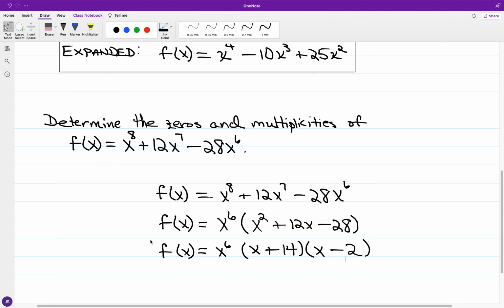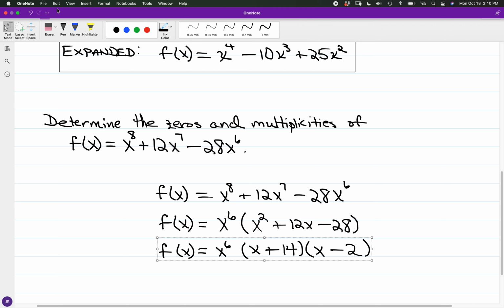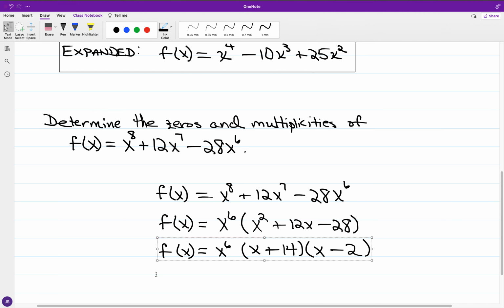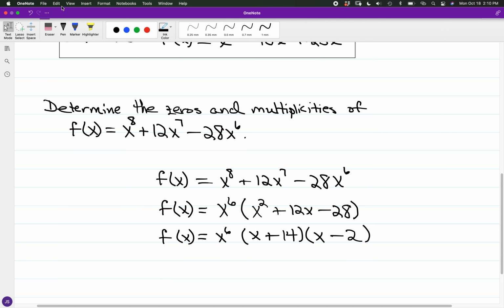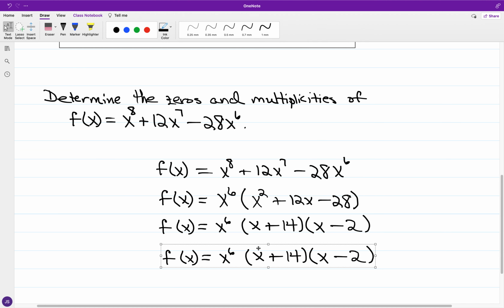And just rewriting this and emphasizing the degree of each factor. So the first factor we have is x, and that is to the 6th.